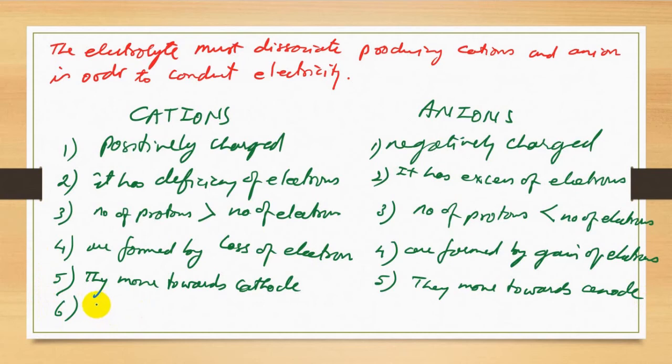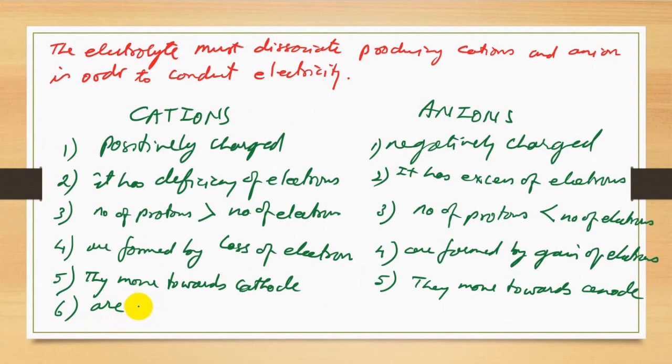So one more point I can write down here. We wrote there also in anode and cathode, the last point. What did we write? The same thing we'll write here.